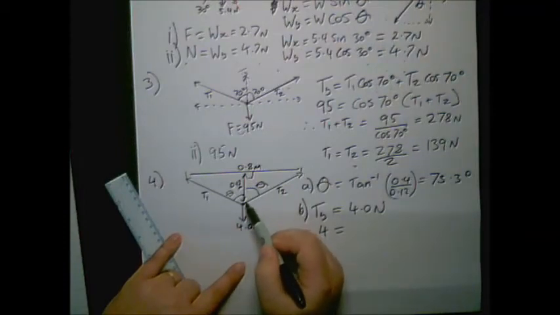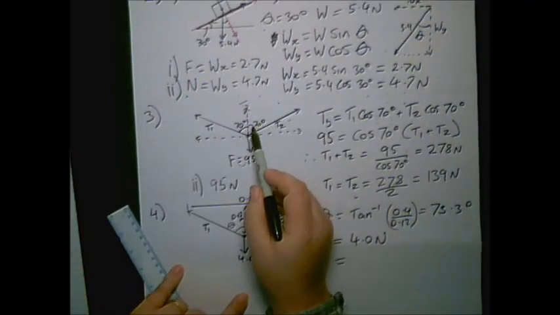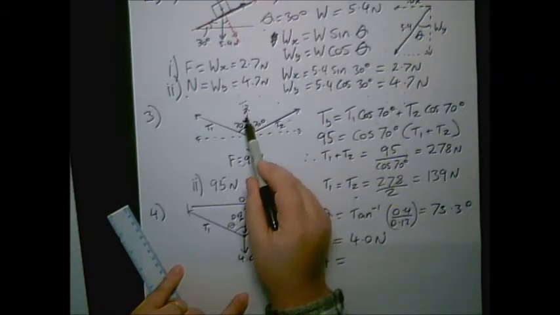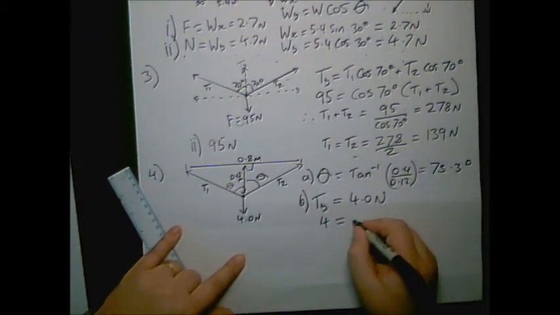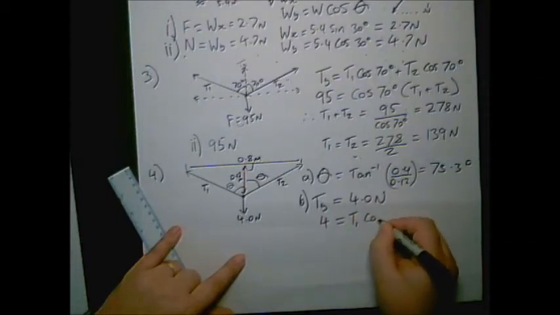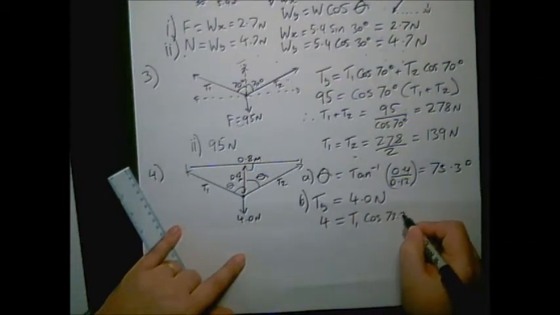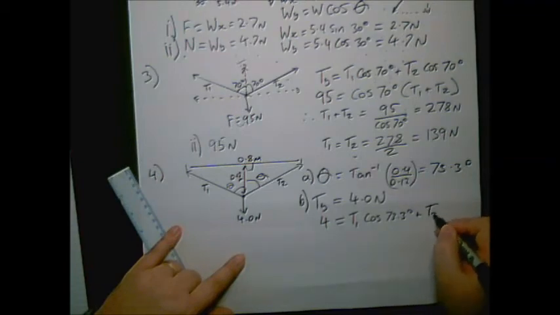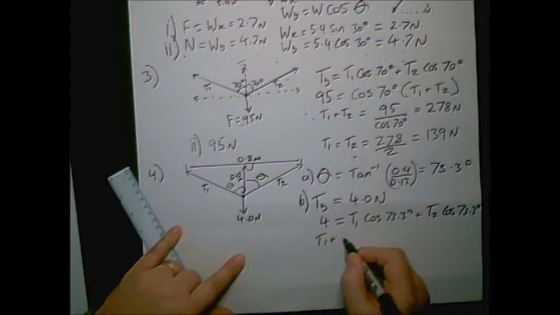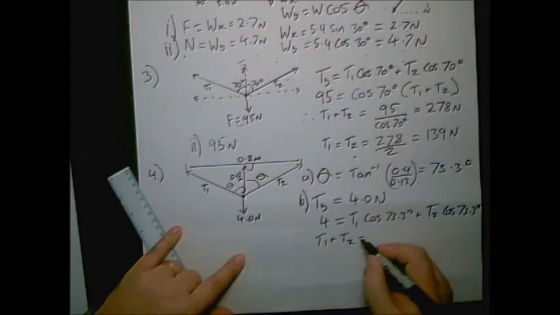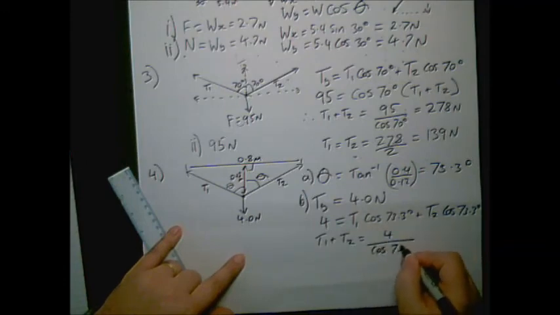Now, using our trigonometry, we can say that as we did here, we've got this angle, we want this side and this side, it's going to be cos, and we're going to have T1 cos 73.3 degrees plus T2 cos 73.3 degrees. Again, we can take cos out as a factor and we end up with a situation of T1 plus T2 is equal to 4 divided by cos 73.3 degrees.